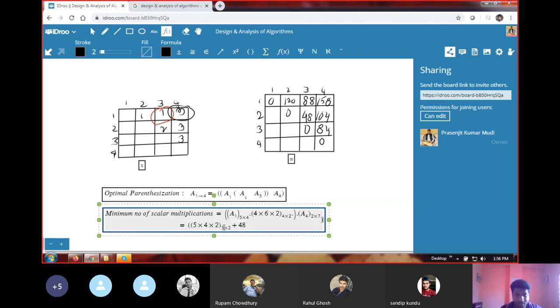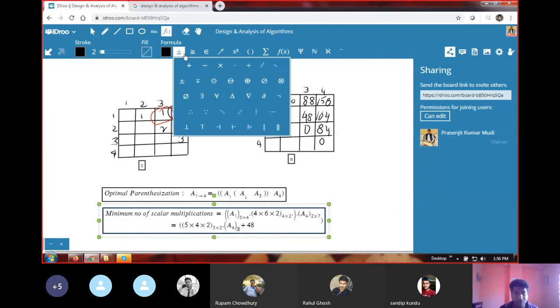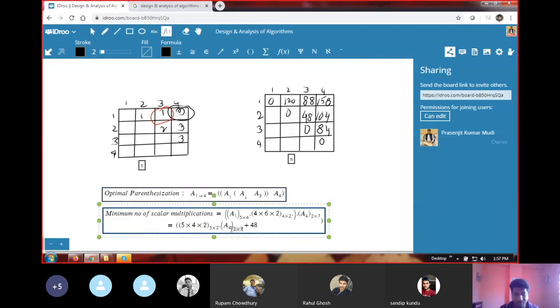And this 48 is getting multiplied with this one, A4, which is 2 cross 7. So 5 cross 2, 2 cross 7, fine. And already we got the answer 48, which is coming from A2 dot A3.